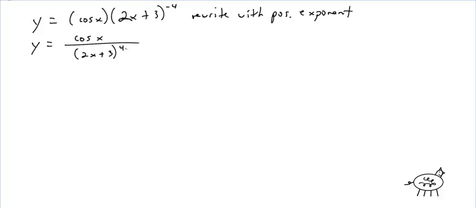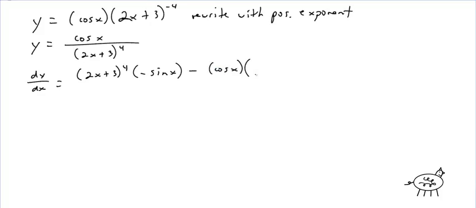Okay, not bad. And so dy dx, we're going to just do the quotient rule, so it's bottom, which is (2x plus 3) to the 4th power, times the derivative of the top, which is negative sine of x, minus the top times the derivative of the bottom.